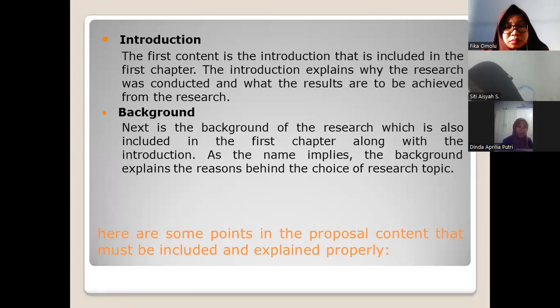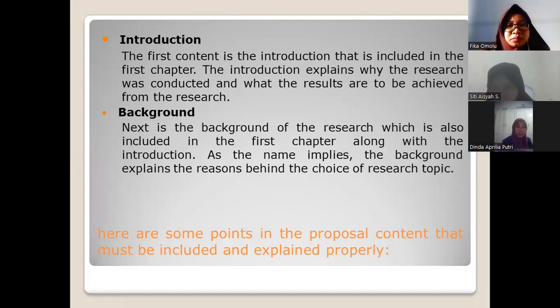This is at the beginning, on the first page of the proposal, to explain the level of urgency or the importance of the research to be carried out. It is hoped that the contents of the proposal can be read from this introductory chapter, so it needs to be stated clearly.